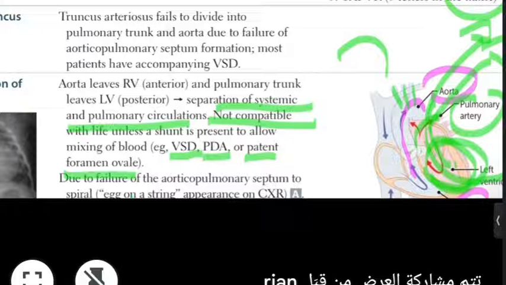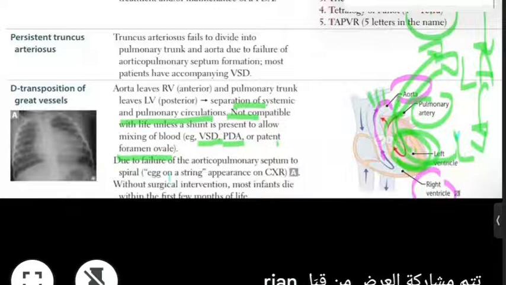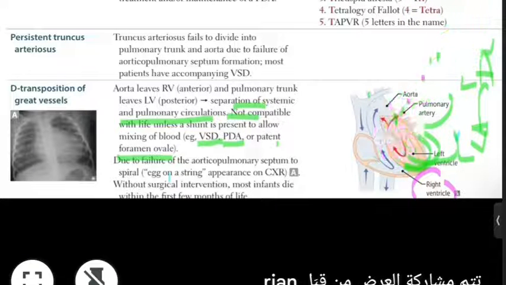Now, here, we say that they are in total separation, as it was shown in the picture, between the systemic and the pulmonary circulation.